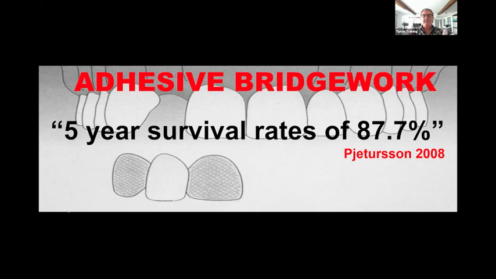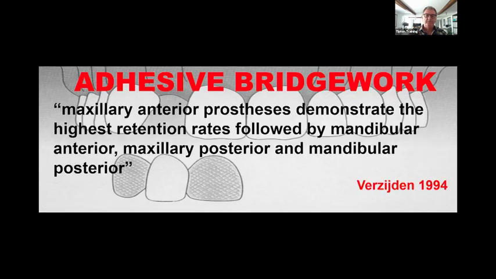He found 88% with Marylands, a 5-year success rate for conventional in the region of 92%, and a 5-year success rate for implants of 95%. So statistically, there's not a lot of difference between them, but that is if you do the correct design and put in some tooth preparation when required.